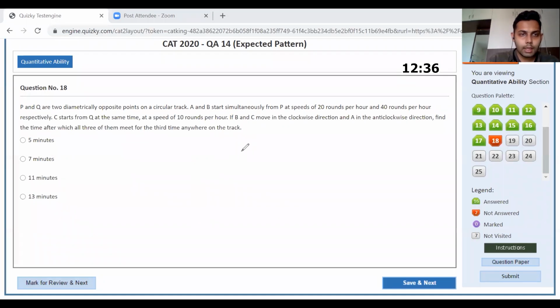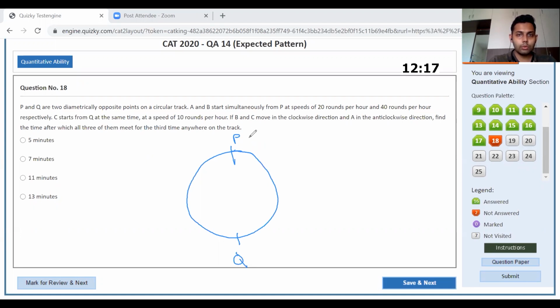P and Q are diametrically opposite on a circular track. So here is your P, your Q. Points A and B start simultaneously from P at 20 and 40 rounds per hour.